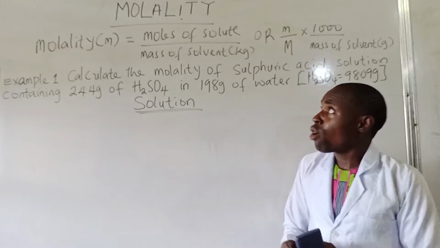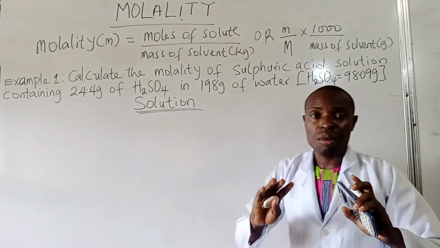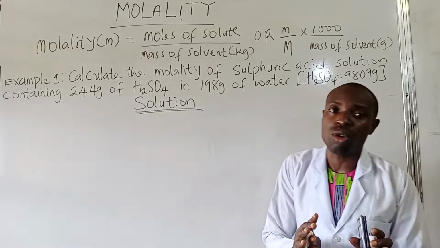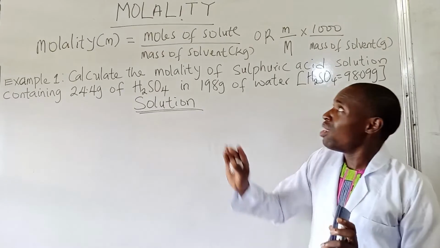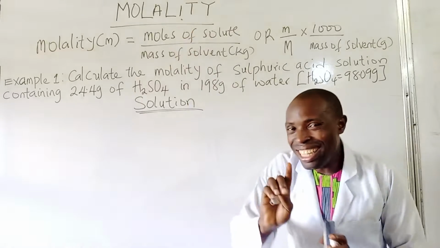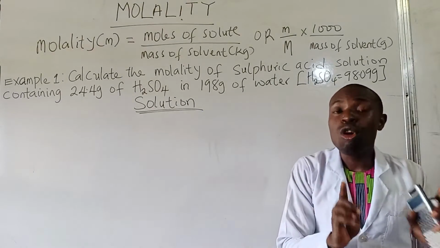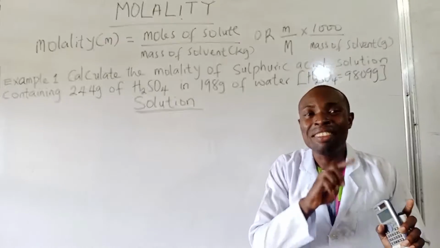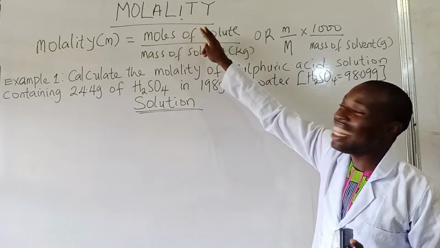Today, I'm going to be working on a very interesting aspect of the stoichiometry of solution, talking about what we call molality. Please, it should not be confused with the other term called molarity. This is what we call molality.